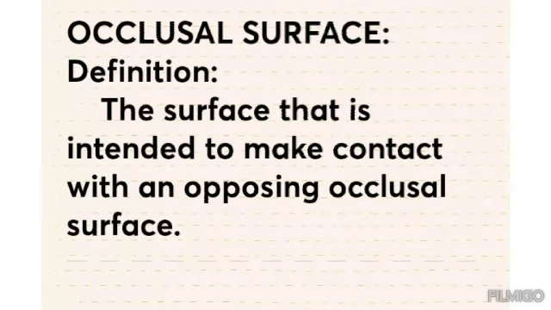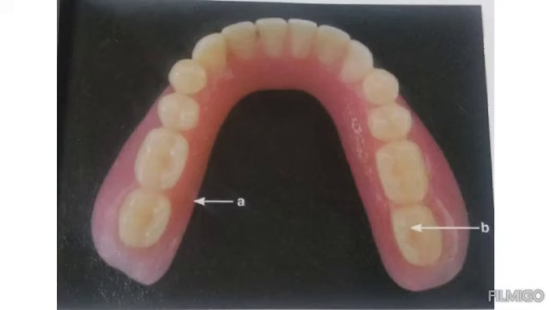This is the impression surface. The second surface is the occlusal surface. The definition of this surface is the surface that is intended to make contact with an opposing occlusal surface. In this picture, the point marked as B is the occlusal surface and the point marked as A is the polished surface.